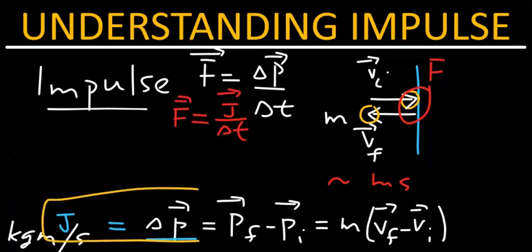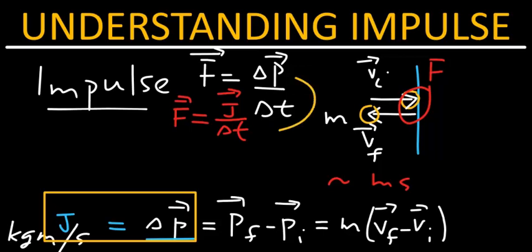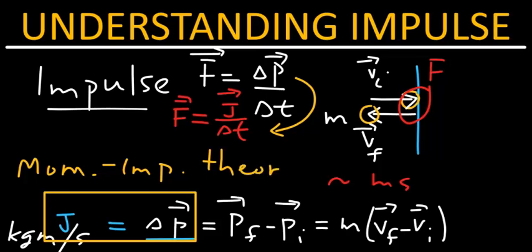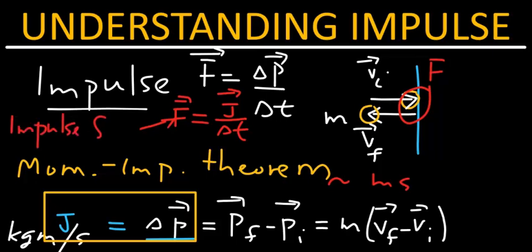This expression that enables you to make the transition is known as the momentum impulse theorem, because it connects impulse to the change in momentum. And this force that's causing the impulse is known as the impulse force. The unit is, of course, newtons.